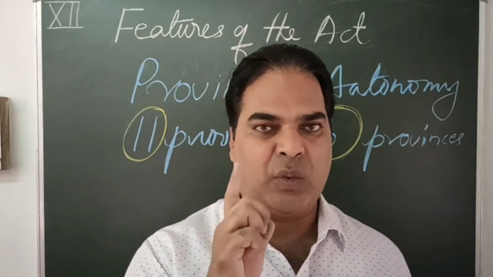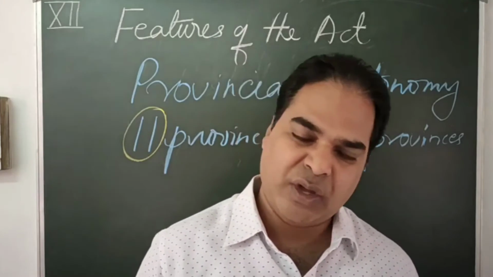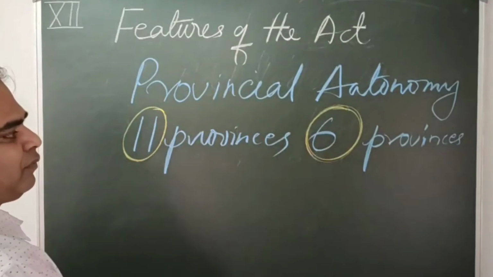Uni means one, bi means two. So bicameral legislature, which had a legislative assembly. So 6 provinces had both.